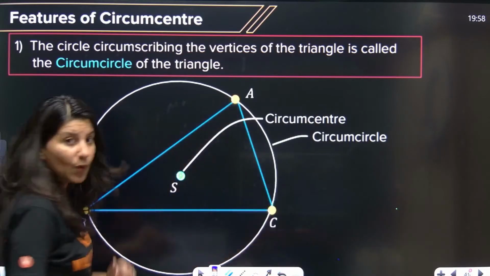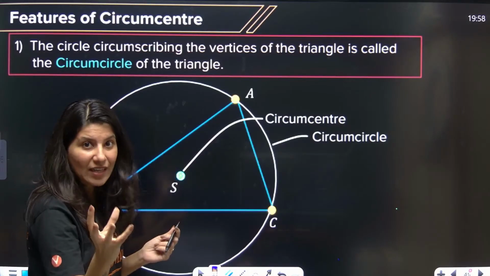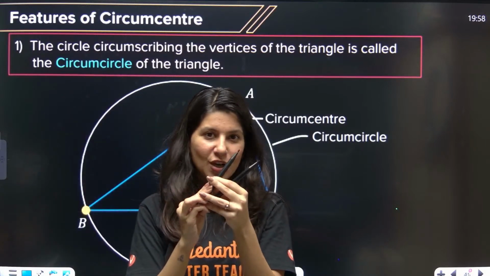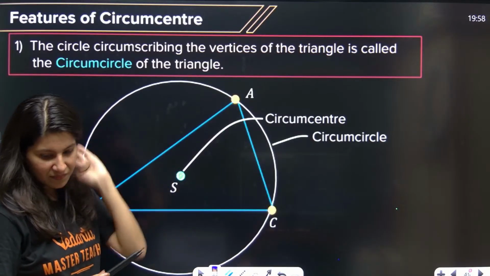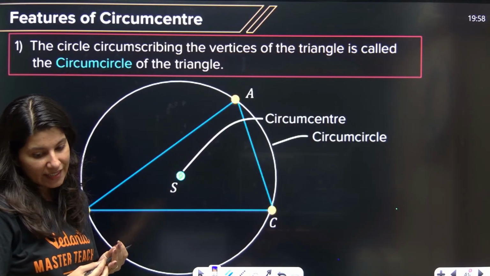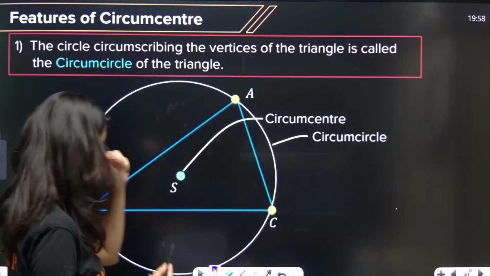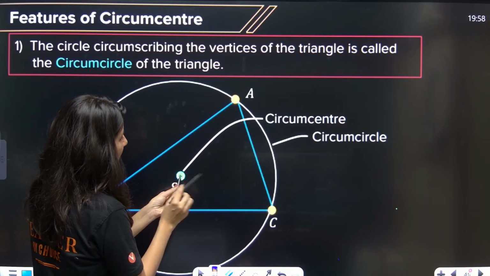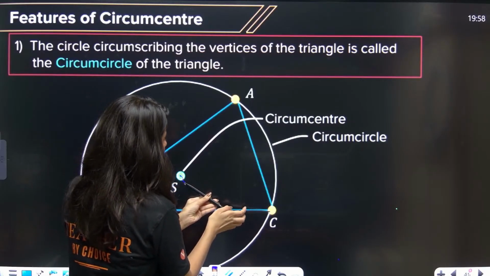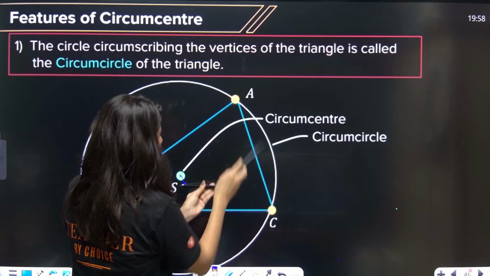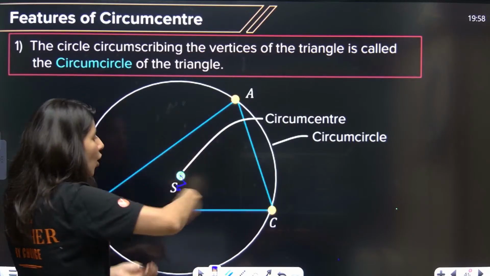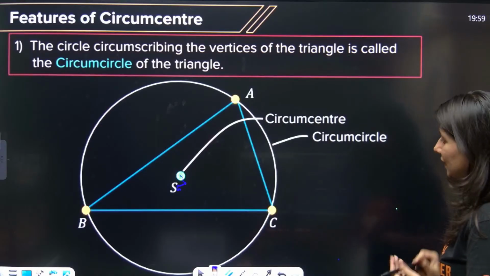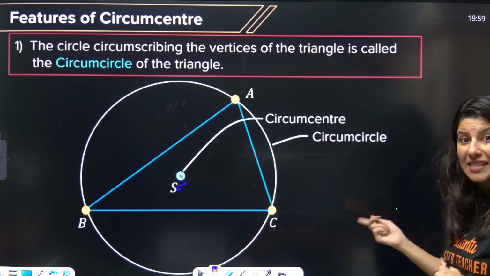Now, if you have that compass, if you put the tip of it on the circumcenter and another tip on either C or A or B, you will be able to draw a whole circle using this. Ma'am, do all 4 centers exist for all triangles? Yes, Rohanit, absolutely, all 4 centers exist.